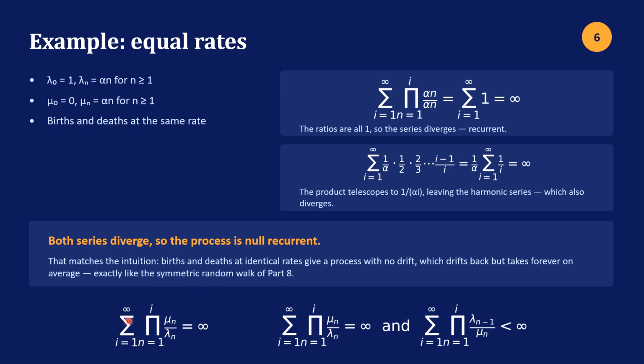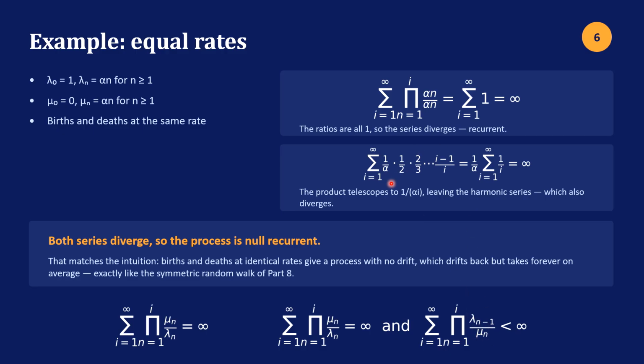recurrent from here. And then to check whether it's positive or null recurrent, we need to do this formula here. And you notice this is like n minus 1. So that's where you have to go to, that's why you need these 0 terms here. So you get 1 over alpha, then 1 over 2, 2 over 3, because they're out of phase by 1 here.